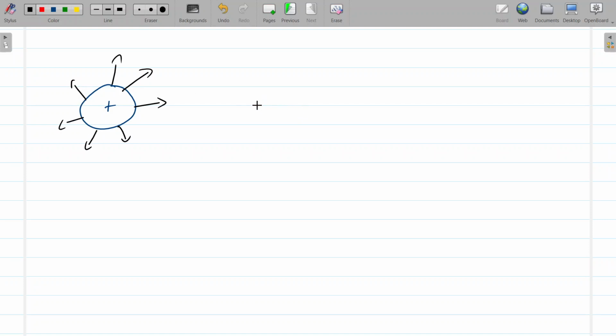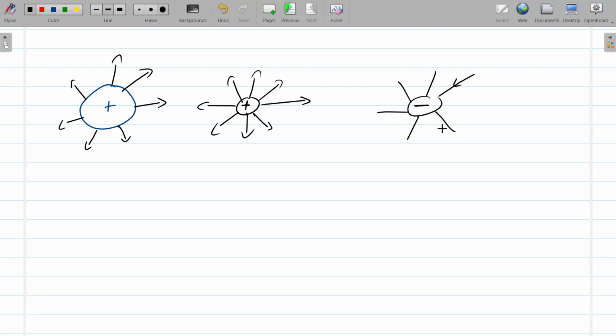And if you have a point charge, so that too, the field will be away from the positive charge. Whereas if you have a negative charge, this is how you will draw it. In fact, let me draw the arrows towards the negative charge.